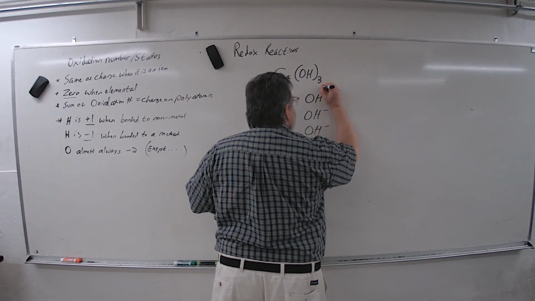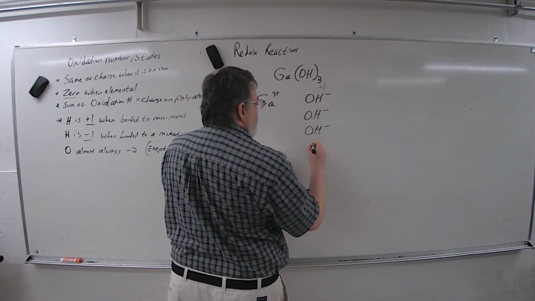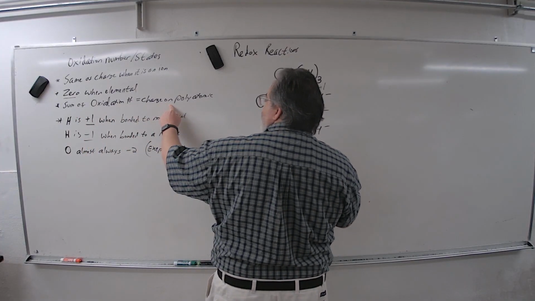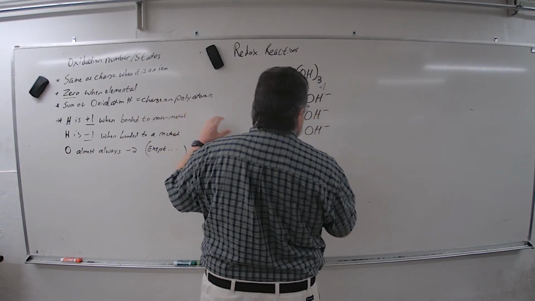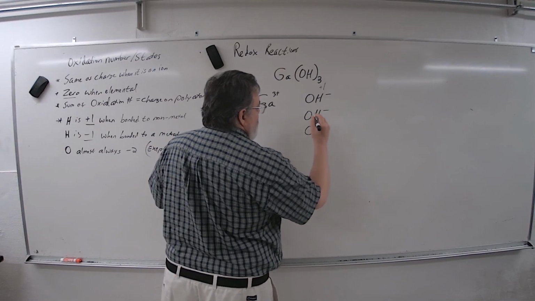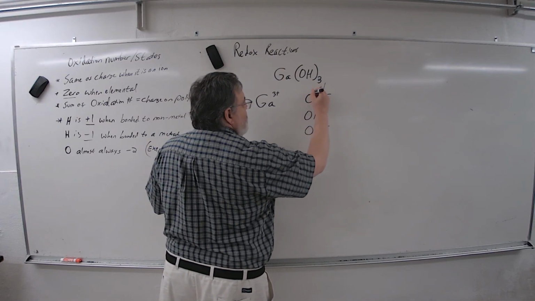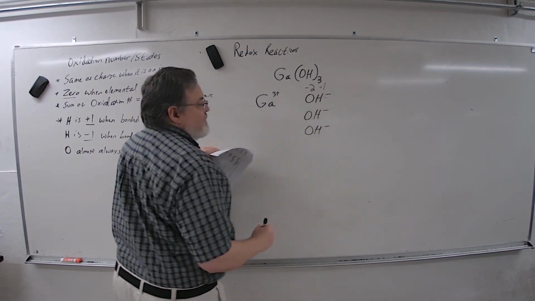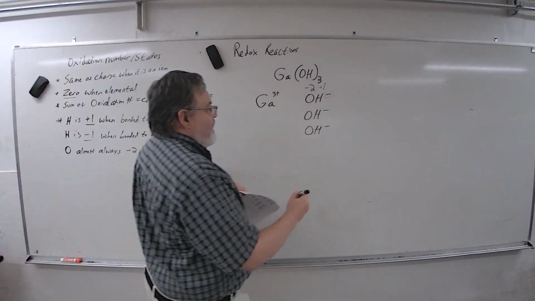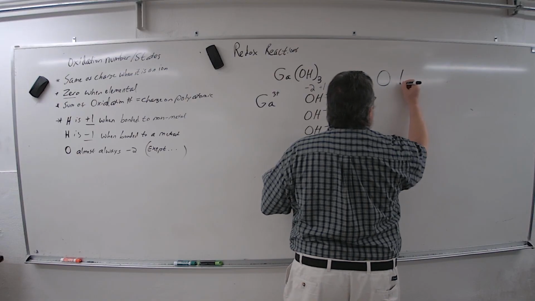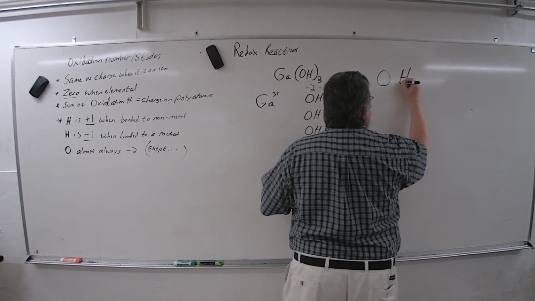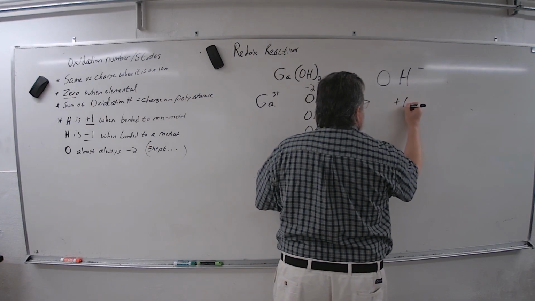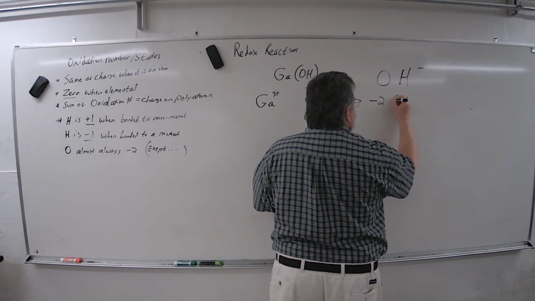So in this case, hydrogen is +1. And then there's this rule that the sum of the oxidation numbers has to be the charge on the polyatomic ion. So if H is +1 and oxygen is -2, that's how we have this overall charge of -1. Hydrogen is +1, oxygen is -2.